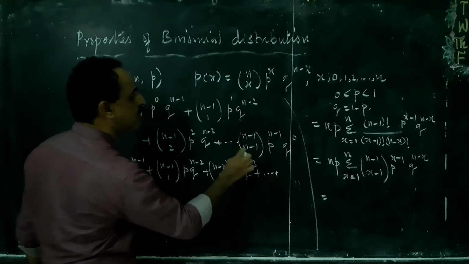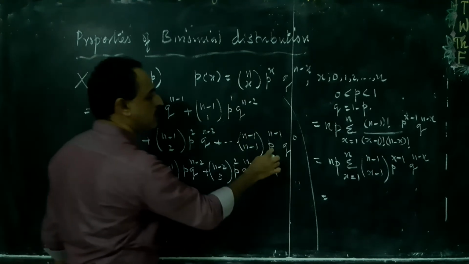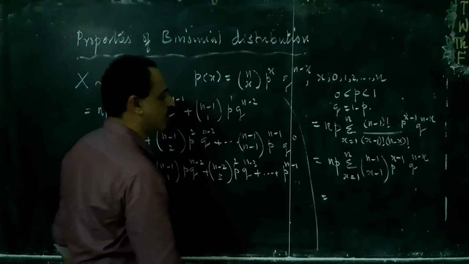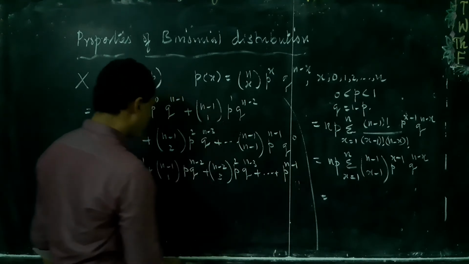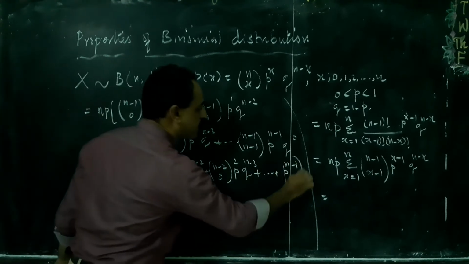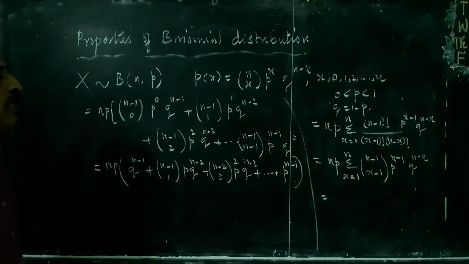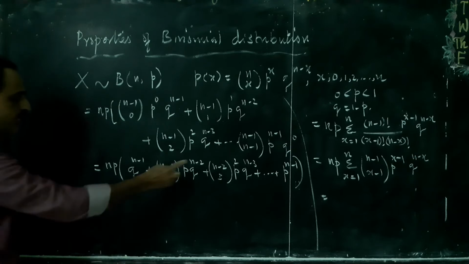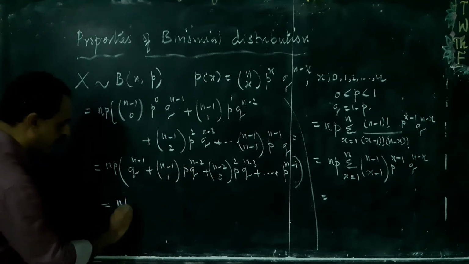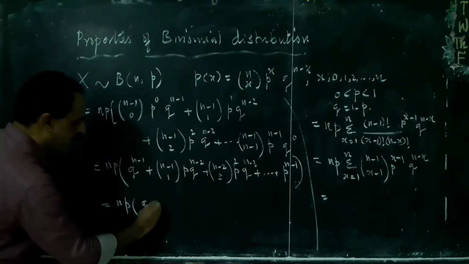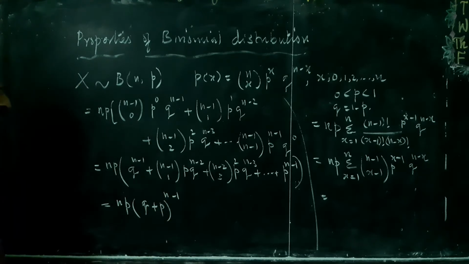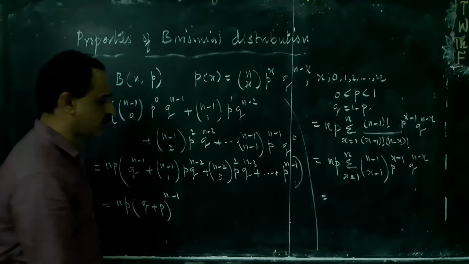The last will be p raised to n minus 1 and q raised to 0, which is again 1. So these are the terms obtained by putting x = 1, 2, 3, etc. up to n in that summation. You can see that the terms inside the bracket represent the terms of the expansion (q + p) raised to n minus 1. And this is by binomial expansion.